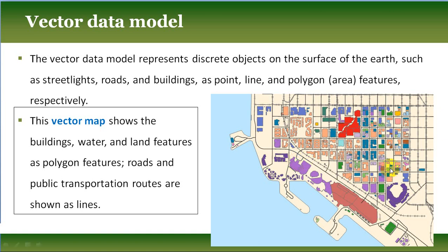So in your choice you can represent building as a polygon, building as a point, road as a line or road as a polygon, or tree as a point or as a polygon. That's the way we can prepare a vector map using point, line, polygon, these three geometries.